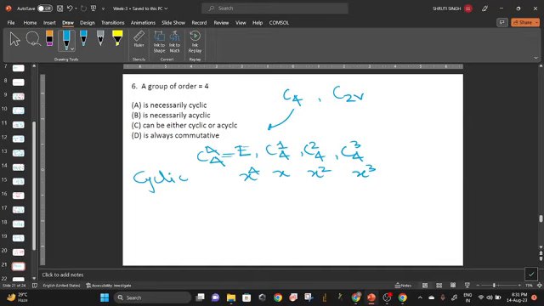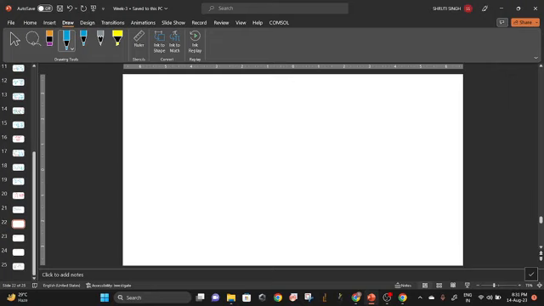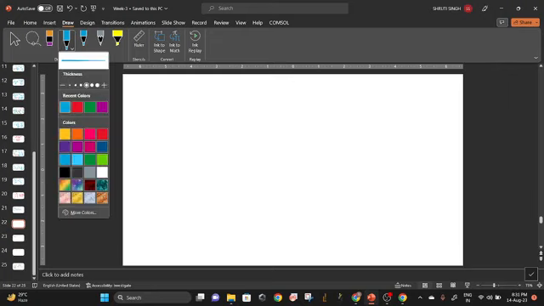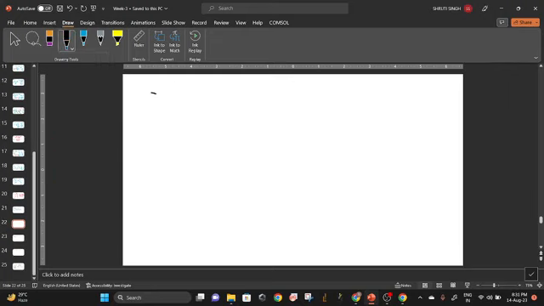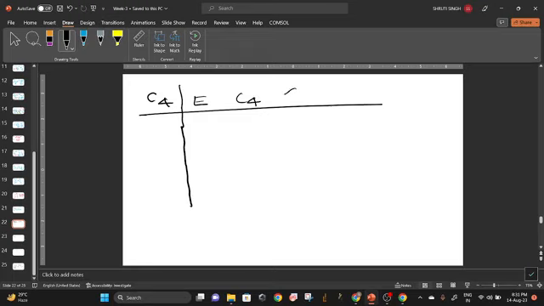So if it is cyclic, can you write the multiplication table for this one? This is C4. E, C4, C4 square, C4 cube, along the top and side.